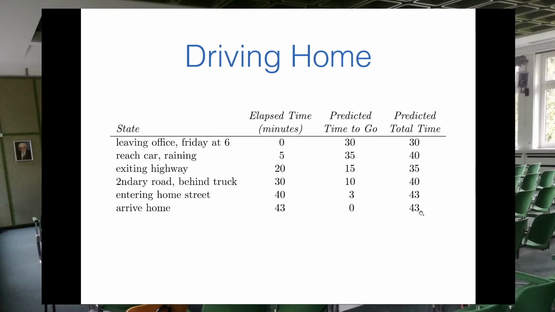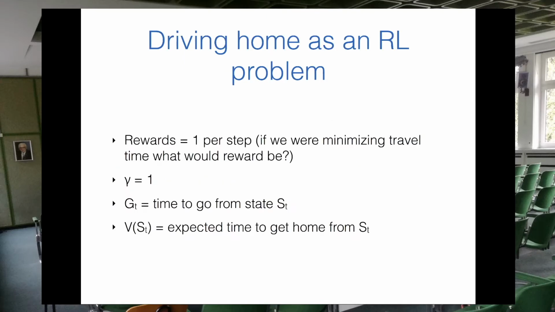So we will consider this data to see what is the difference between Monte Carlo and temporal difference. Suppose that for this exercise the reward is going to be 1 per step. If we were minimizing travel time, what do you think would be a good reward?